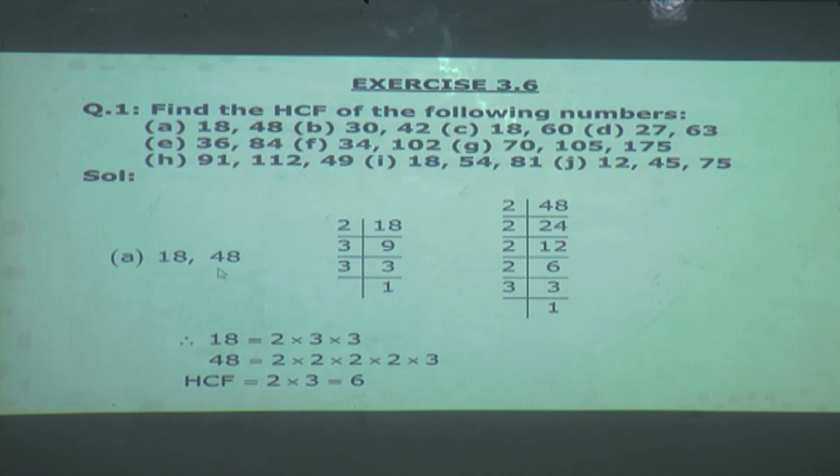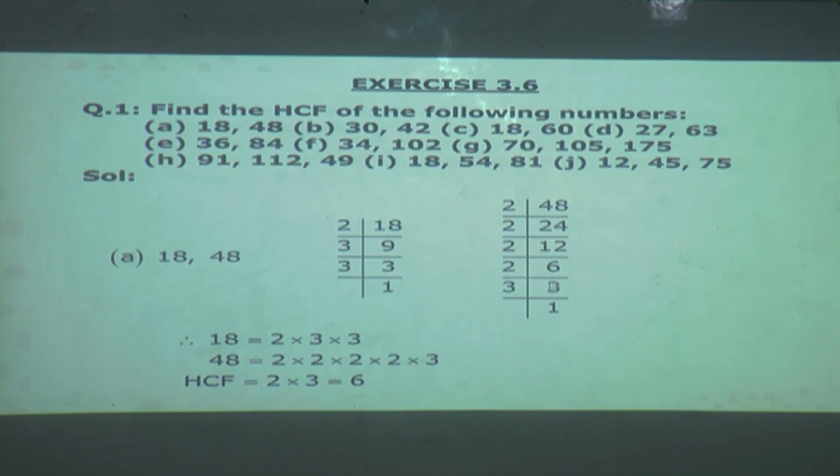Now we will find the prime factors of 48. 2 2s are 4, 2 4s are 8. Now we got 24, which is divisible by 2 again. So 2 1s are 2 and 2 2s are 4. We got 12, which is again divisible by 2. 2 6s are 12. 6 is again divisible by 2. 2 3s are 6.